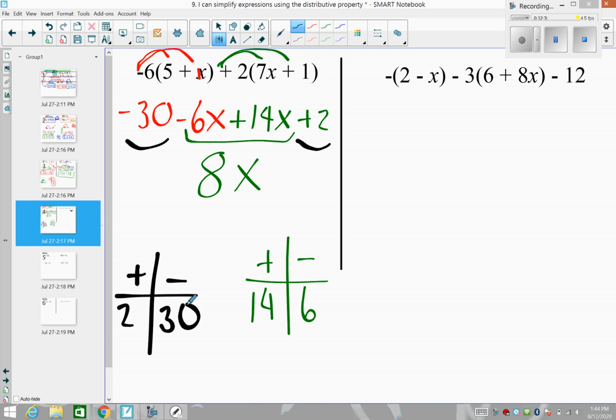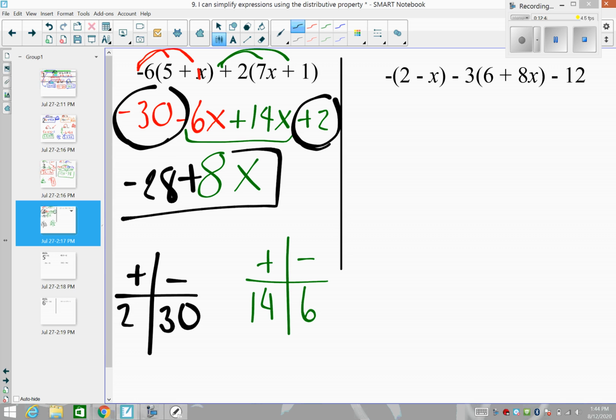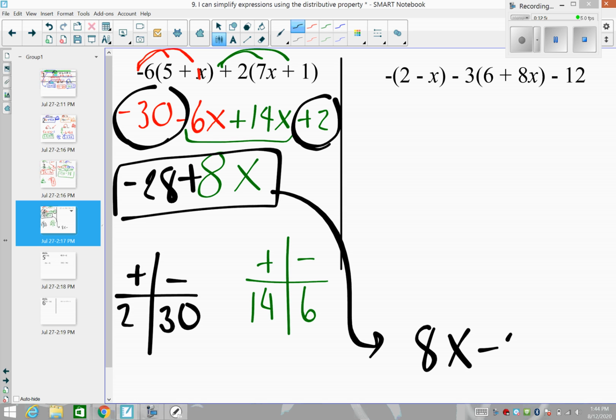That results in a negative 28. So these can be in either order, but I'm going to go with negative 28 plus 8x. That is the same as 8x minus 28. So that's as far as we can go. There isn't any way to combine those since they're unlike terms.